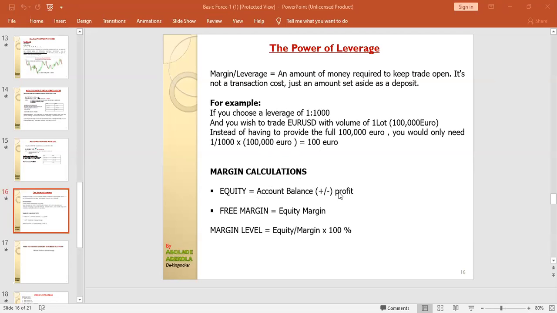If you have a trade open, be it in plus or in minus, whether you are making profit or losing, the equity you have at that point in time is your account balance. So your free margin is equal to equity margin, while your margin level is equal to equity divided by margin multiplied by 100. Let me quickly go to my chart and show that to you.